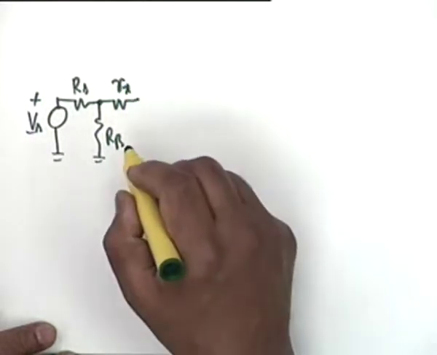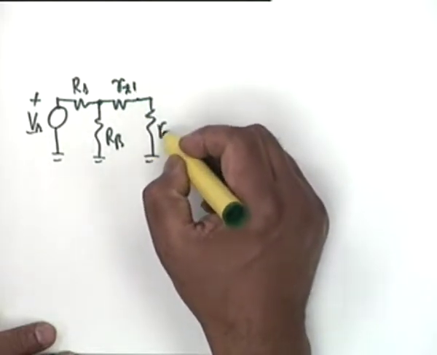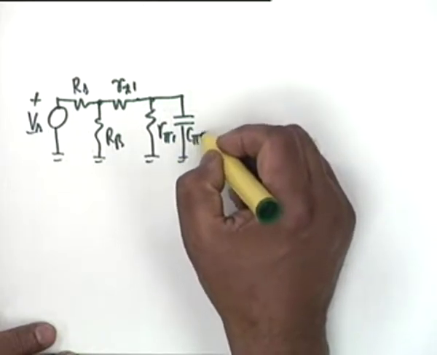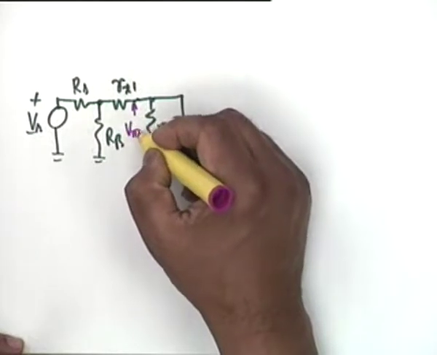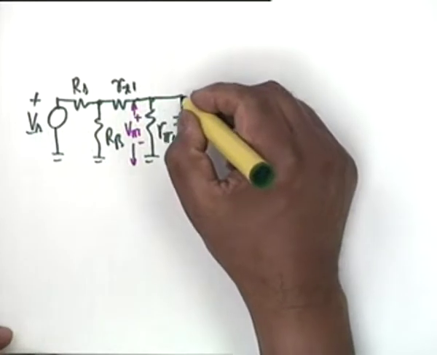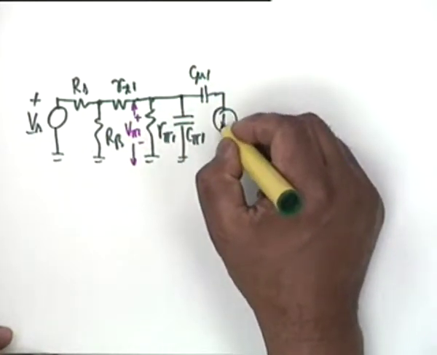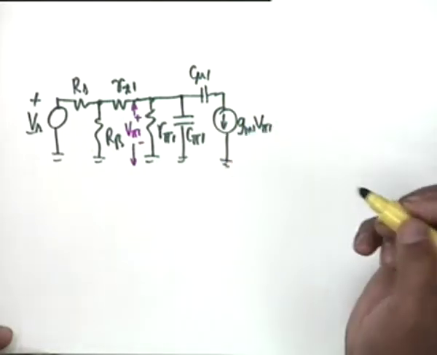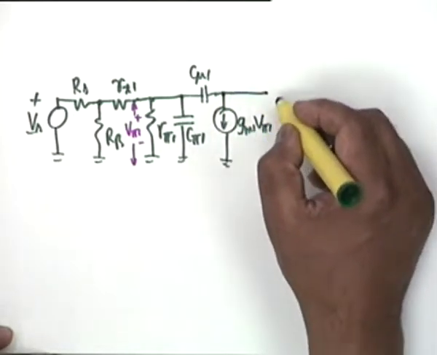So let us take Rx into consideration, Rx1, then R pi 1, C pi 1, and this voltage we call V pi 1, plus minus. Then we have the C mu 1 and GM1 V pi 1. We can also take care of R01 here.